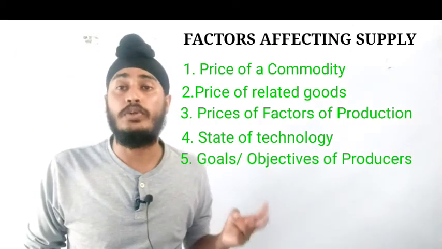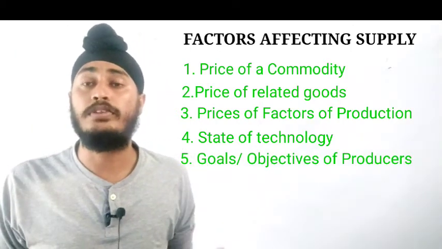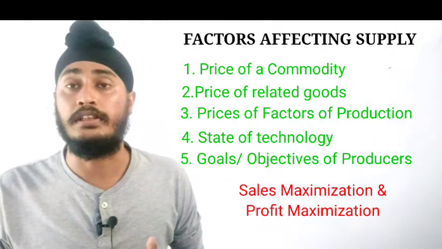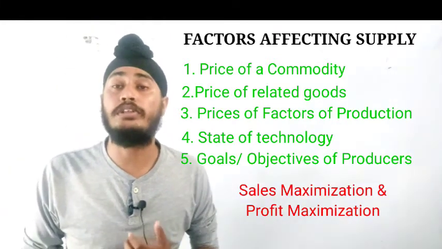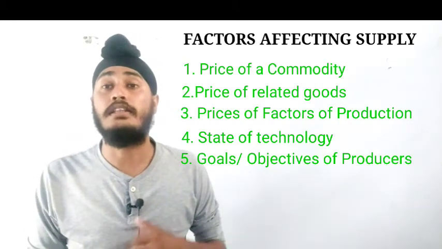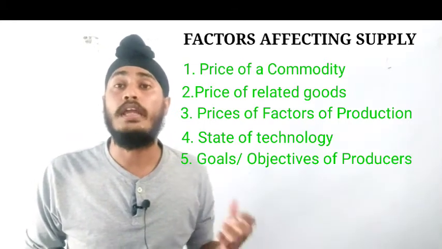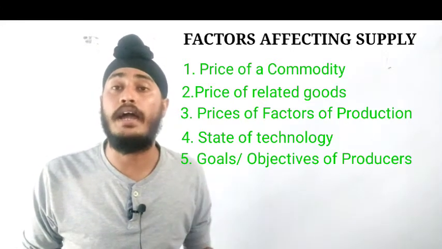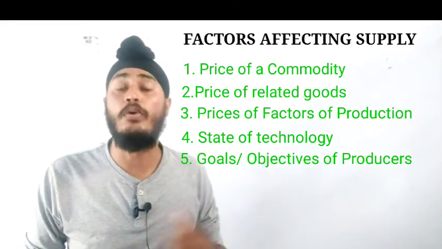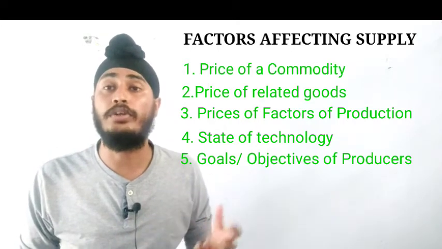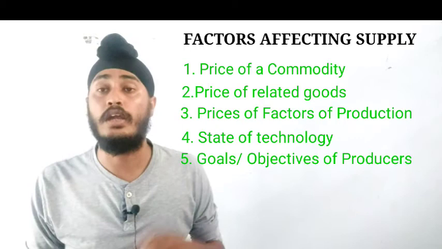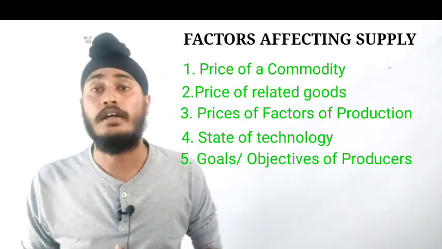There are generally two types of objectives of firms or producers: sales maximization and profit maximization. If the goal of the producer is sales maximization, the producer will supply more even if the prices are less, because the producer wants to gain prestige in the market and dominate other firms in the market.